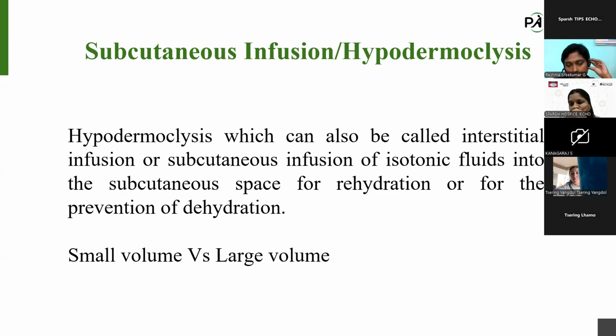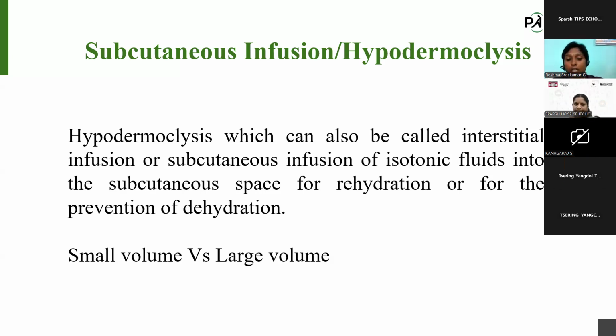The main characteristic feature of this isotonic solution is it has the same solute and water concentration. The solute and water concentration is the same for these isotonic fluids. That's why there is no movement of water into or out of the cells, so the cells remain the same in size while we are infusing isotonic fluids. The main example for an isotonic fluid is 0.9% normal saline.